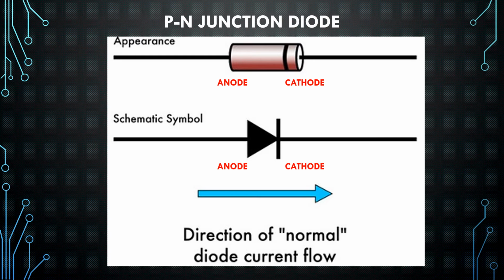The schematic symbol is a triangle pointing towards a bar, where the current flows in the same direction towards the barred or the striped end. The basic function of the diode is it allows the current flow in one direction only and blocks the current flow in the reverse direction.